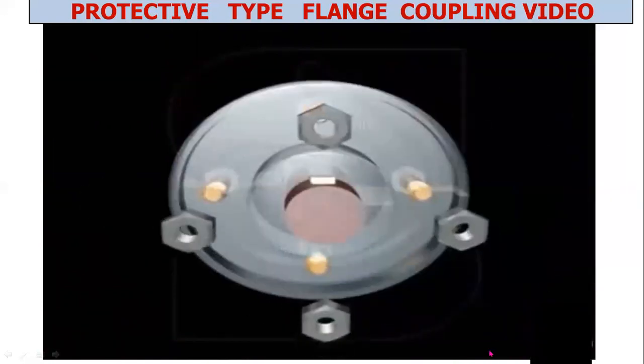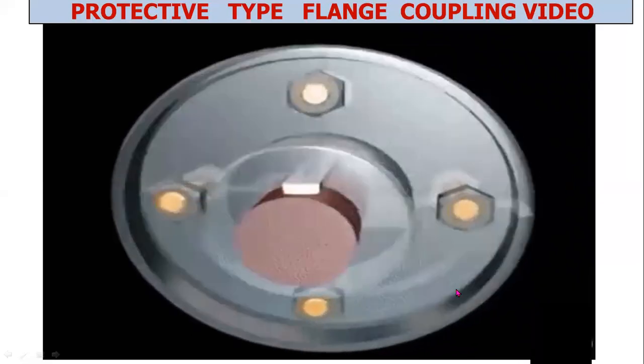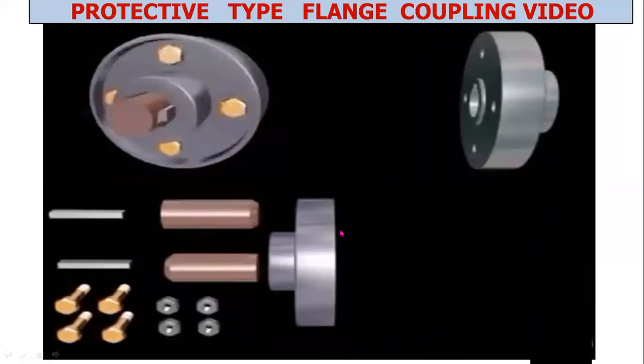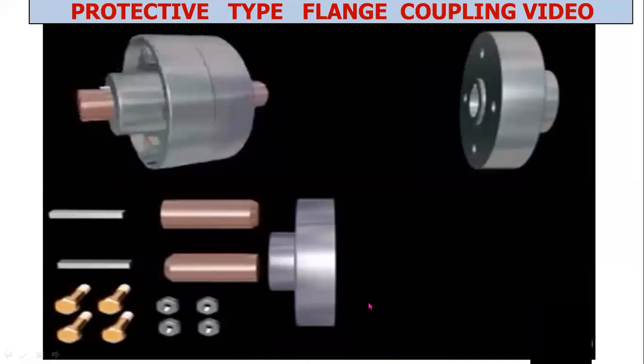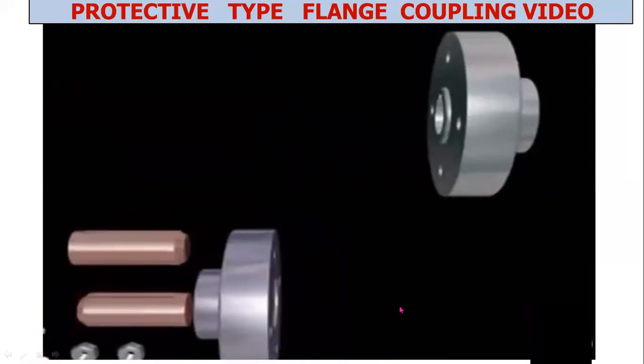Okay, this is the example of a protective type of flange coupling. Flange couplings are widely used for heavy power transmission.